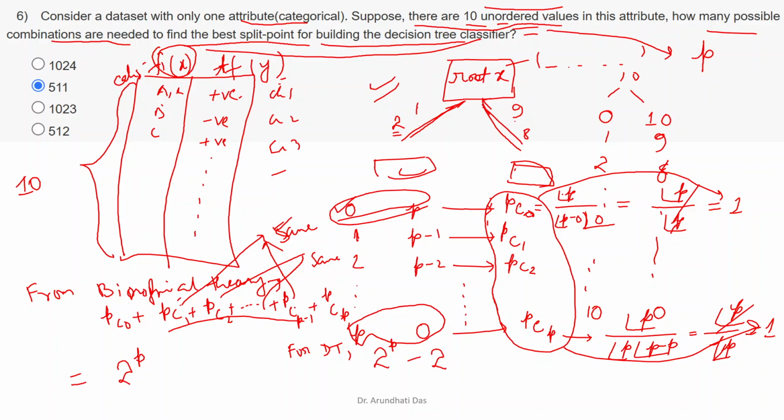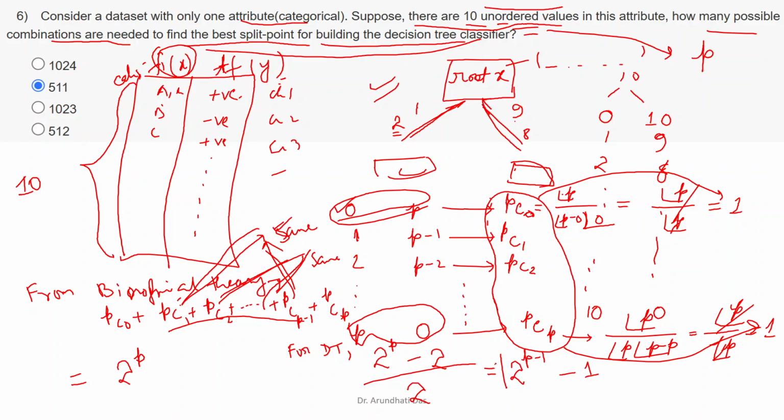I need to find only the unique sets of the split, so the redundant sets we again ignore. Ultimately I have to divide by 2 so that I have only the unique ones. So dividing by 2, it will be 2 to the power p minus 1 minus 2 divided by 2, which is 1.